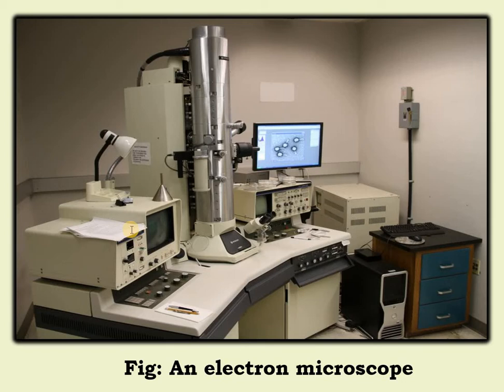Then let us talk a bit about the discovery of the electron microscope. You can see in this picture how the electron microscope looks, and I have already given you details about it when I was talking about the different types of microscopes available in the lab.